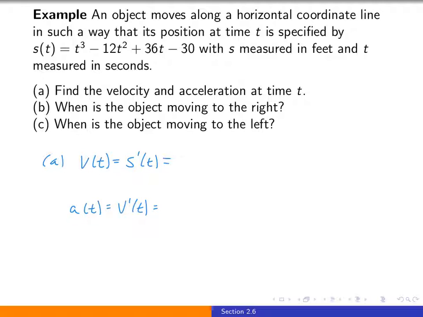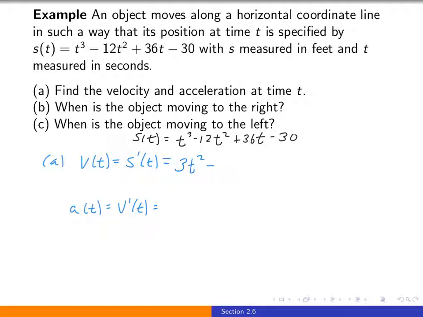S prime, going through and differentiating s of t term by term with the power rule. And I'm going to write it above just to make the correspondence a bit easier to see. We have t cubed minus 12t squared plus 36t minus 30. And differentiating term by term with the power rule gives 3t squared. The 3 comes down front, the new power of t is 2.